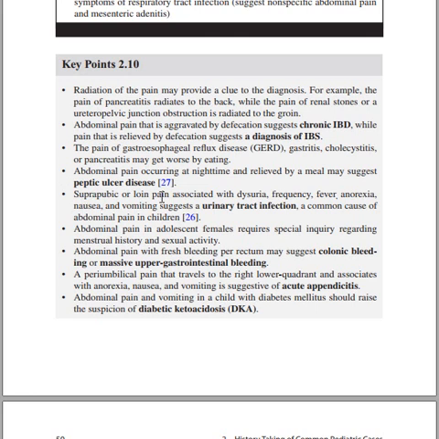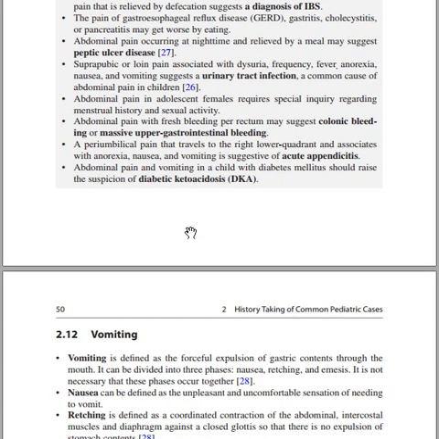Suprapubic or loin pain associated with dysuria, frequency, fever, anorexia, nausea, vomiting, mostly dysuria is a urinary tract infection. But when there is fever already, you think of an upper urinary tract infection. But when there is no fever, you think of a lower urinary tract infection. A common cause of abdominal pain in children: usually every time you have a child with fever, you should check for ear infection.